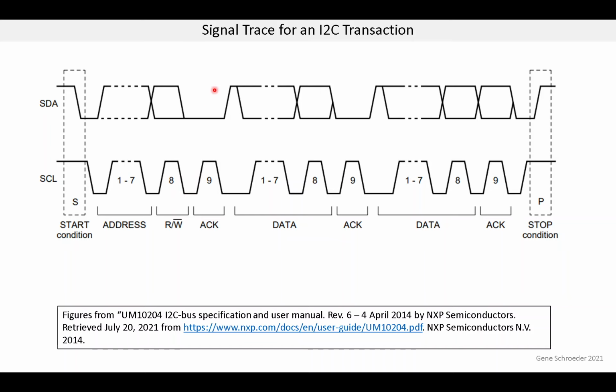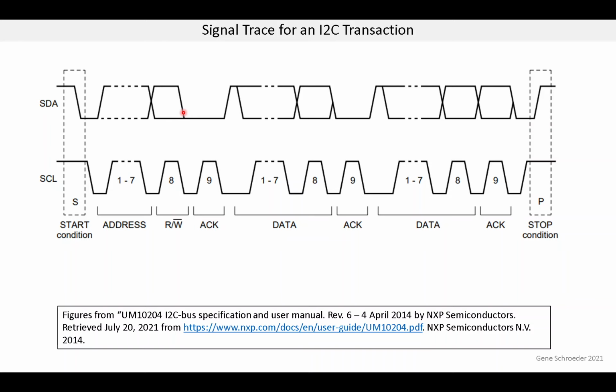and this rising edge here indicates when to look for the ACK-NACK signal. One important thing I want to say about ACK-NACK: for the address and read-write bits, the master was controlling SDA, but the slave sends the ACK-NACK. So right after the read-write bit, the master lets go of the SDA signal, and that allows the slave to control it.